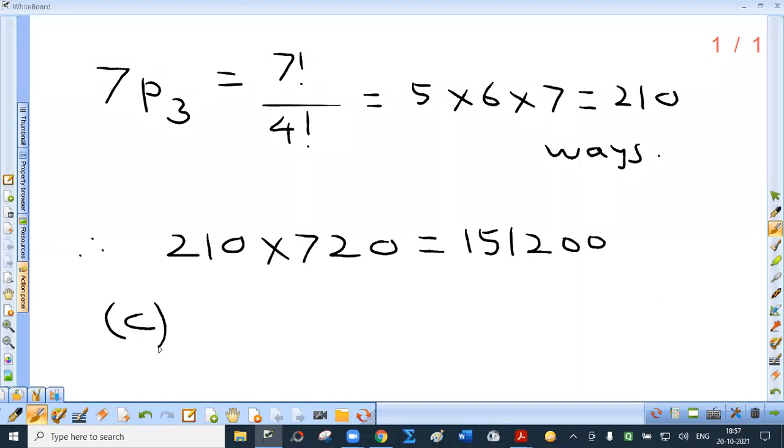C part. There are 4 even positions, inside the bracket, 2nd, 4th, 6th and 8th, bracket complete.